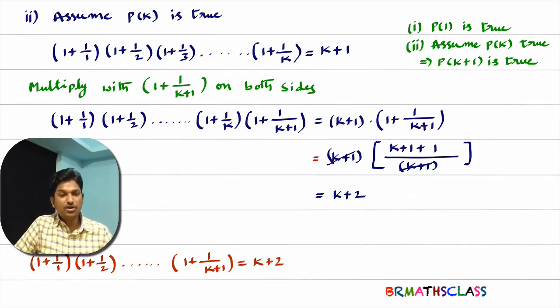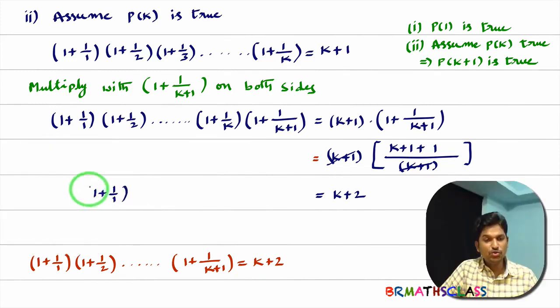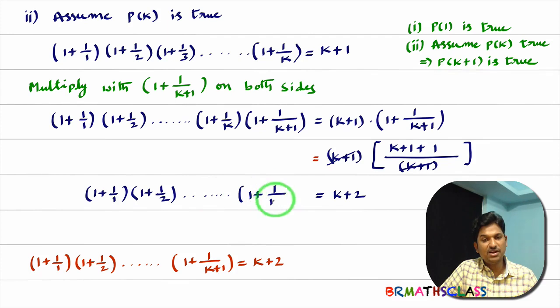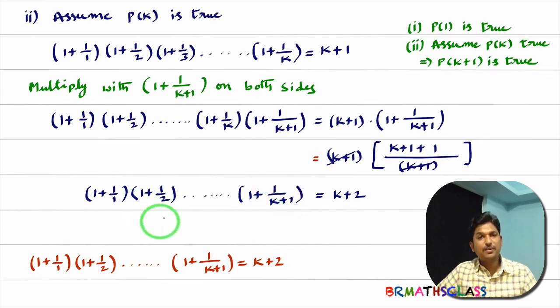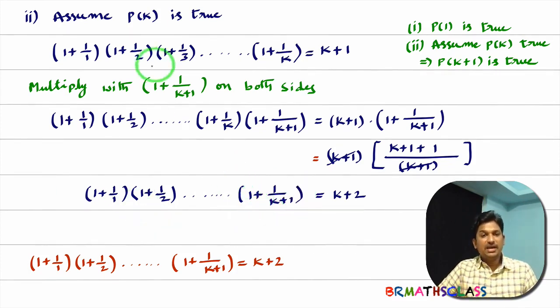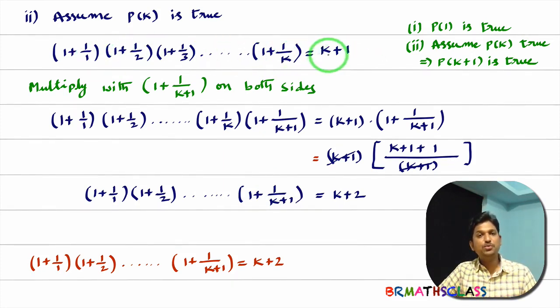Let me write what we got in this left hand side. 1 plus 1 by 1 into 1 plus 1 by 2 into and so on into 1 plus 1 divided by k plus 1. Listen, these things are important. As you assumed P of k is true, after multiplying with a term on both sides, whatever you will get, that is also true.